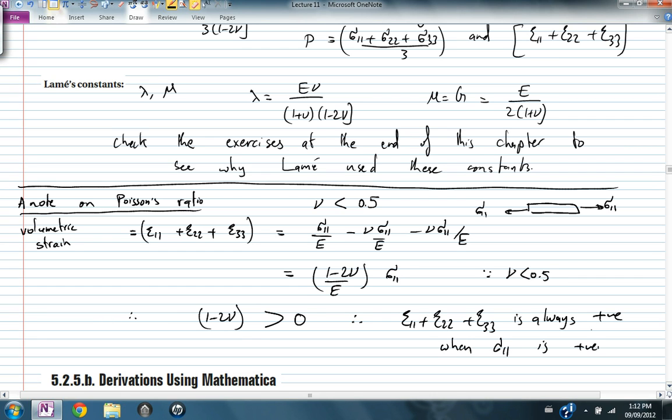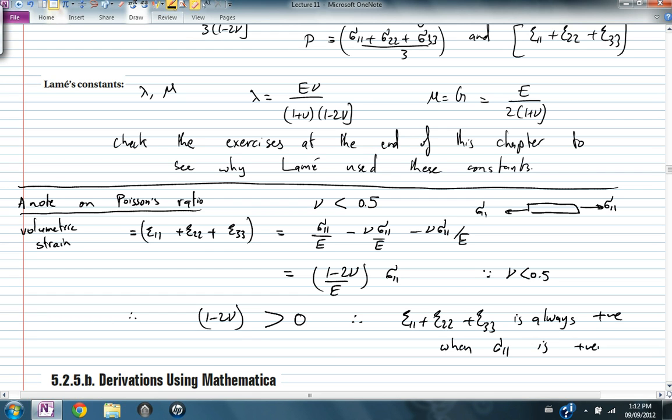positive when sigma 1 is positive. Which means for a linear elastic isotropic material, when you stretch the material, the volume always increases. Always increases.